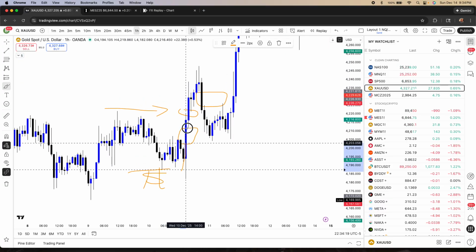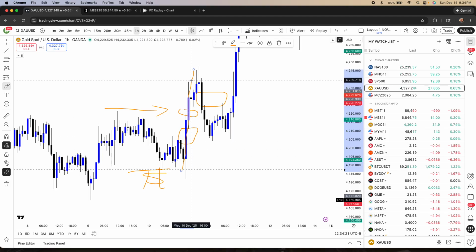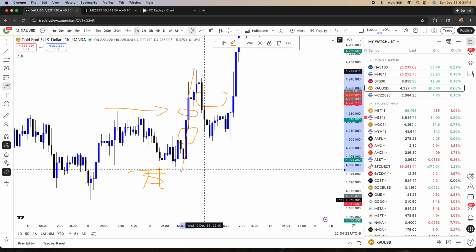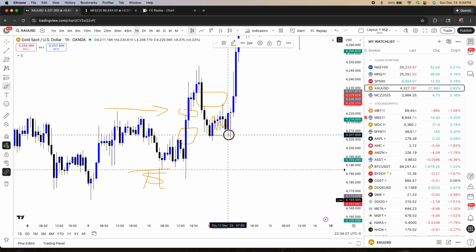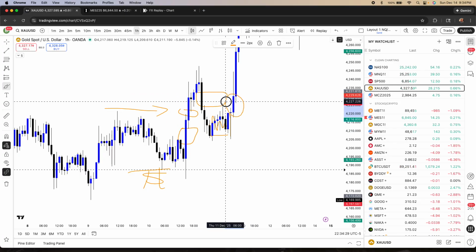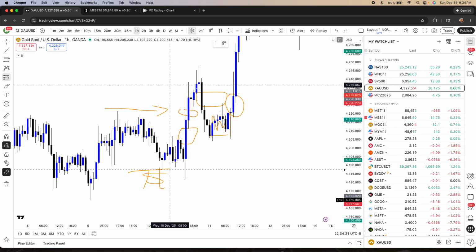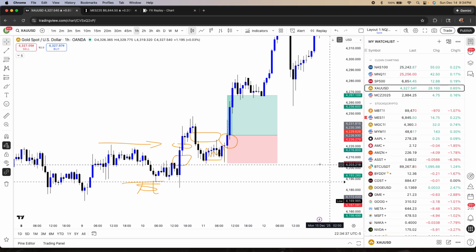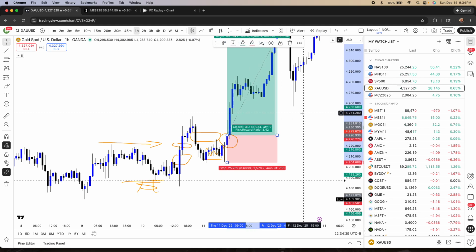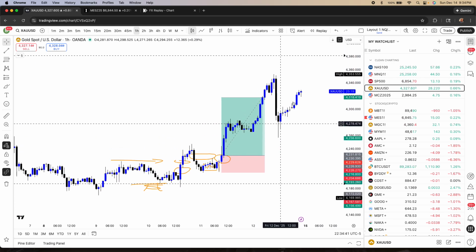But you can see this wave or this push is a lot larger. And then once we create this liquidity, we sweep inside of here again. We close back fairly bullish. That could have easily been a trade to continue to the upside. Stop loss under there, and then, of course, take profit wherever you deem fit.